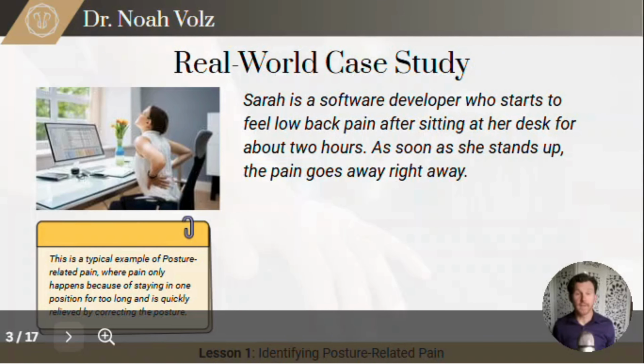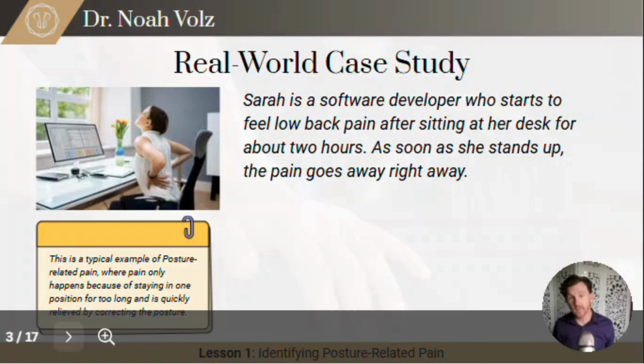So let's look at a real world case study. This is Sarah. She was one of my patients. She's a software developer, and she gets some low back pain after sitting at her desk. It usually happens after about 2 hours, depending on how stressed she is or what project she's working on.